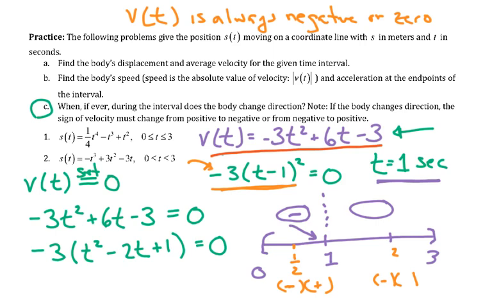Okay, plug in 2, it's going to be positive. So overall, velocity is negative on the other side of 1. So what does this mean? It never changes direction.